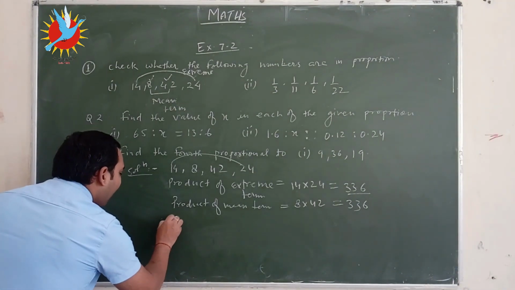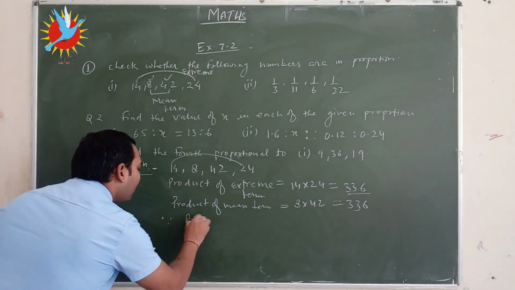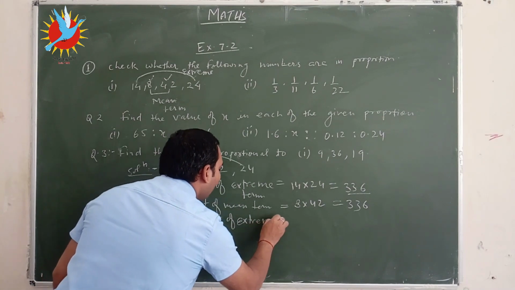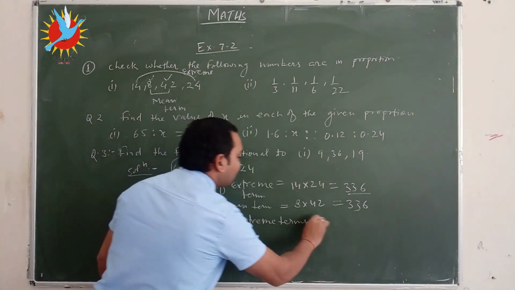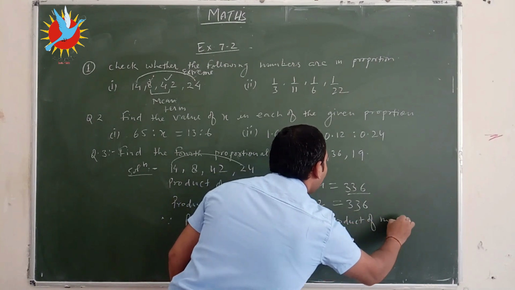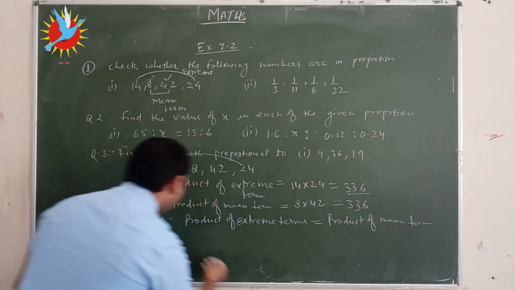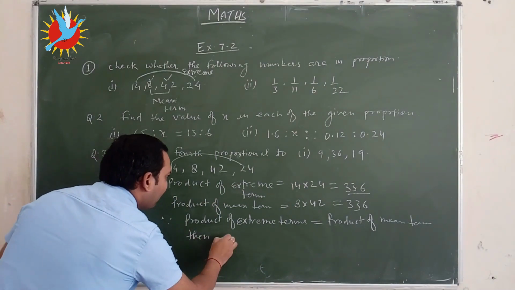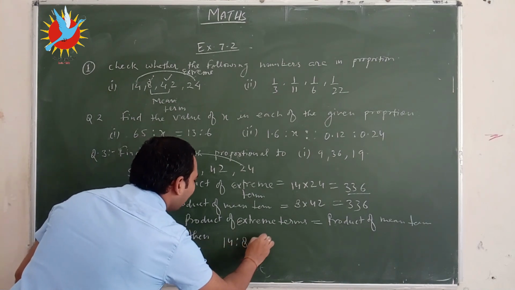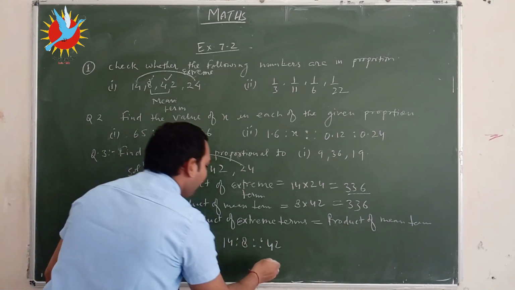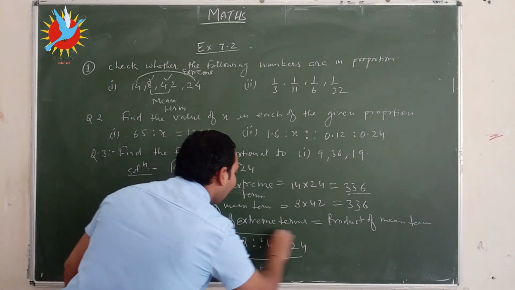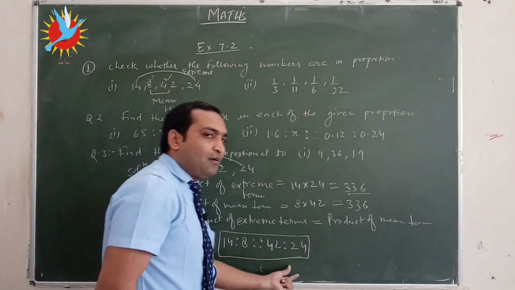Then we can write: since the product of the extreme terms is equal to the product of the mean terms, 14 is to 8 as 42 is to 24, which means these four numbers are in proportion.